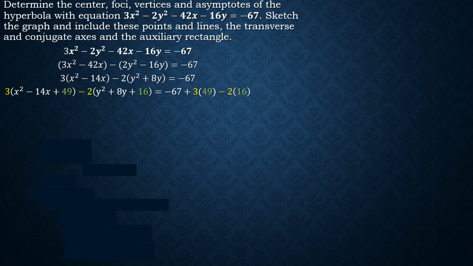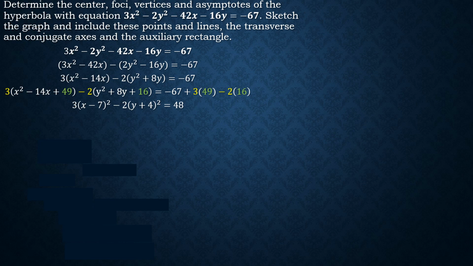And then 49 is what we added inside the group. And then minus 2, that's what we factored out from the y variables, and then plus 16. So, 2 times 16. Let's simplify and then factor the left side. It becomes 3 times the quantity x minus 7 squared minus 2 times the quantity y plus 4 squared equals 48.